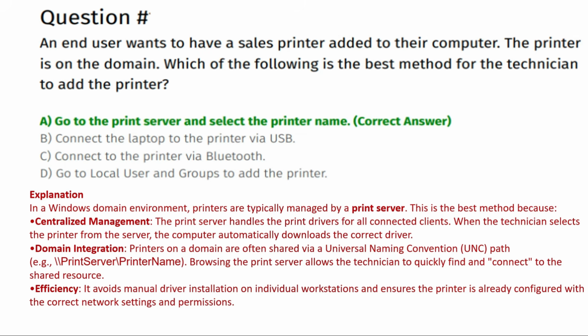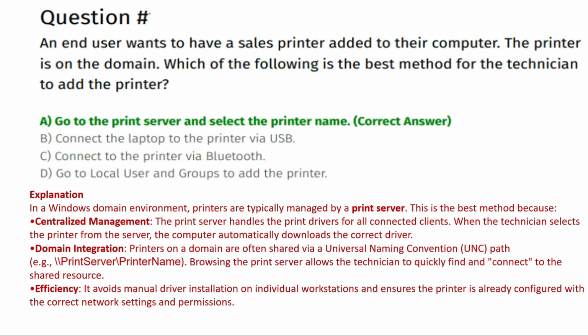So let's check the explanation. In a Windows domain environment, printers are typically managed by a print server. This is the best method because of centralized management: the print server handles the print drivers for all connected clients. When the technician selects the printer from the server, the computer automatically downloads the correct driver. Domain integration means printers on a domain are often shared via a universal naming convention, UNC, path.